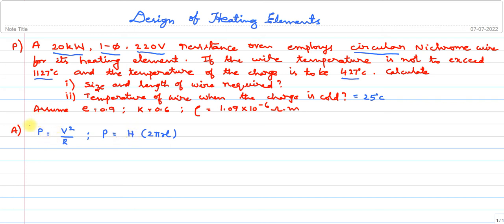First let me go ahead with the first equation, P is equal to V square by R. Here I know P is power, 20 kilowatt, and V voltage is 220 volt, but I don't know resistance R. So let me find resistance R, which is equal to V square by P. V is 220, so let me write 220 into 220 divided by power P. Power P is 10 kilowatt, so it is 10 into 1000.